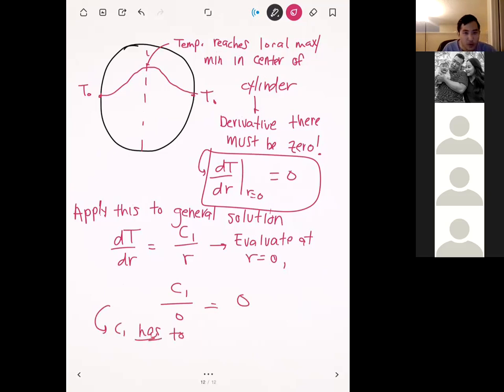If C1 is 0, then we have basically 0 over 0, which obviously breaks math. But what this basically says is that whenever we have a solid cylinder, we can't have a term that depends on the natural logarithm. And so the way that we rectify that is to set C1, which is the coefficient in front of the logarithm term, equal to 0.